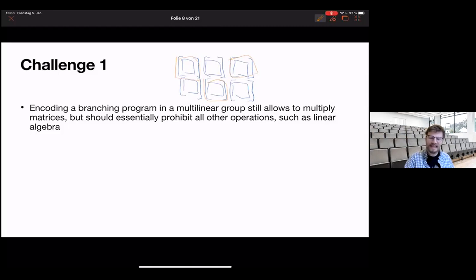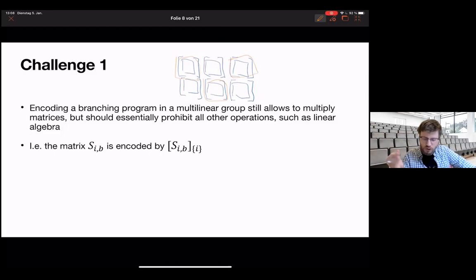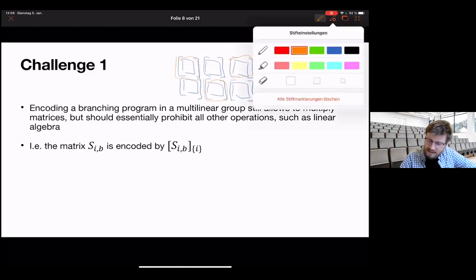So at first glance, it seems that encoding this branching program in a multilinear map, one, preserves functionality, and two, prevents the adversary from looking into this branching program.